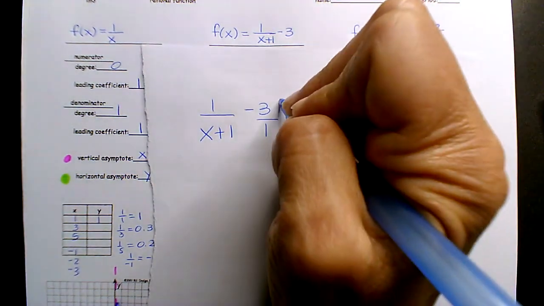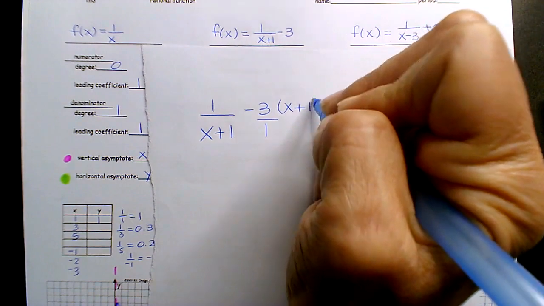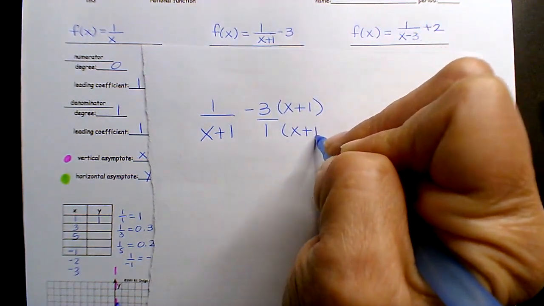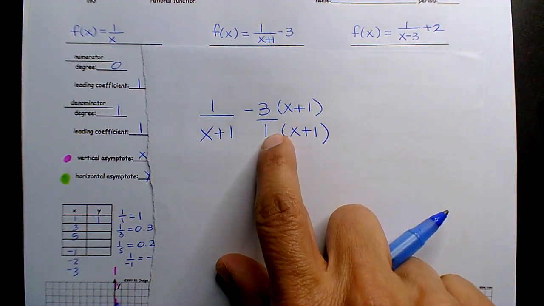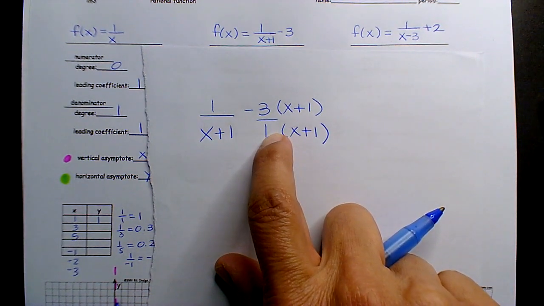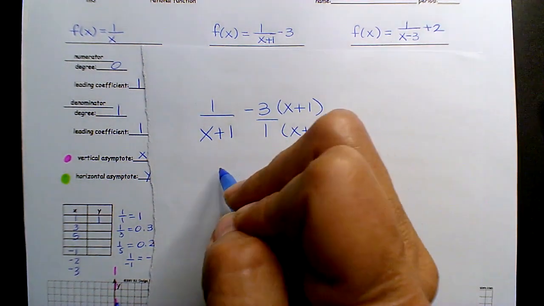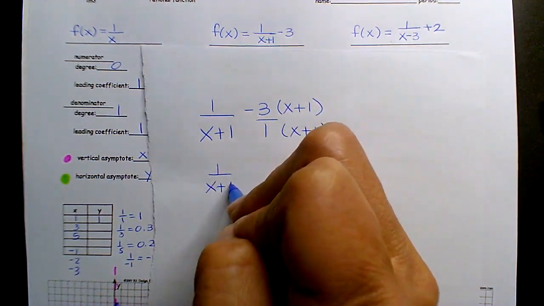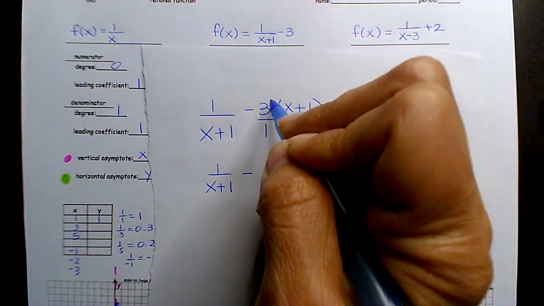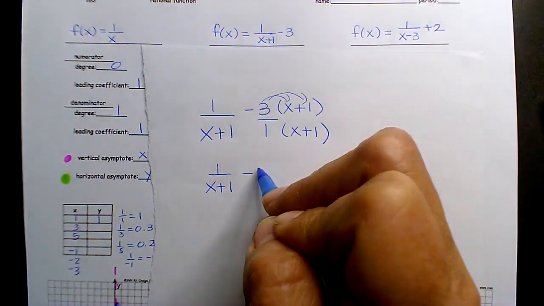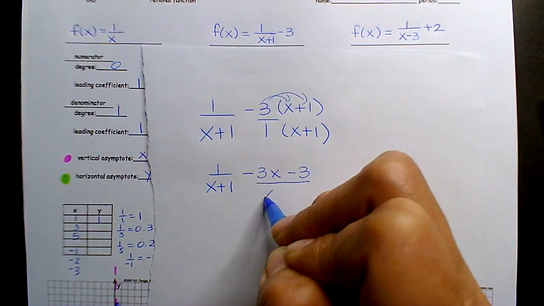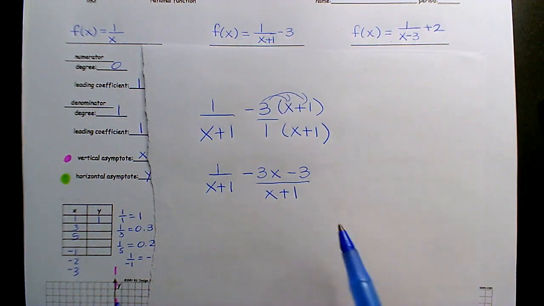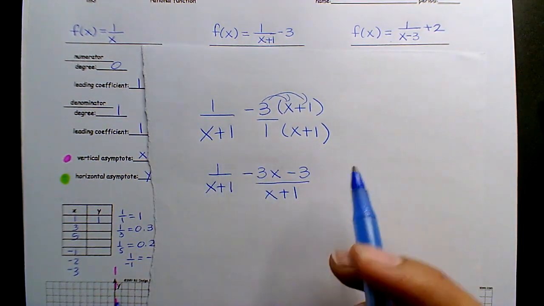In order to make it one rational fraction, I'm going to introduce the x plus 1 as a denominator here. So I get 1 over x plus 1 minus, and then I multiply, and I get minus 3x minus 3, and now this is over x plus 1, and now I can combine my numerators.